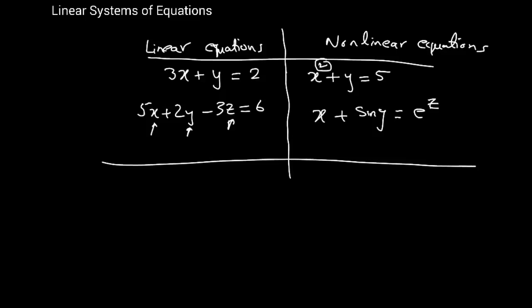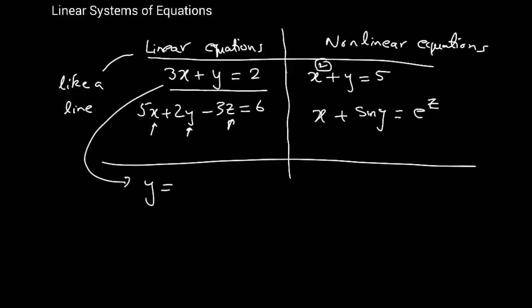Now, the word linear, of course, means like a line. It comes from the word line. If you look at the first equation, I can rewrite that as y equals minus 3x plus 2. So that goes through the point 2, its intercept is 2 here.